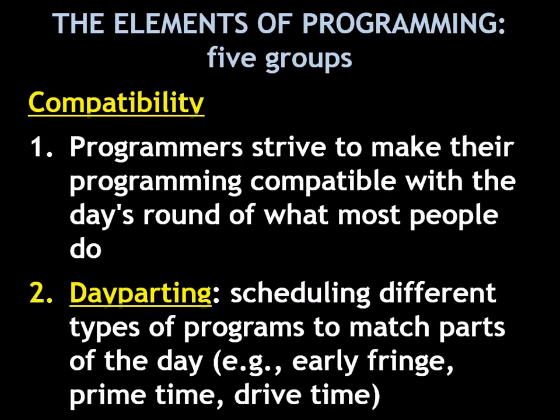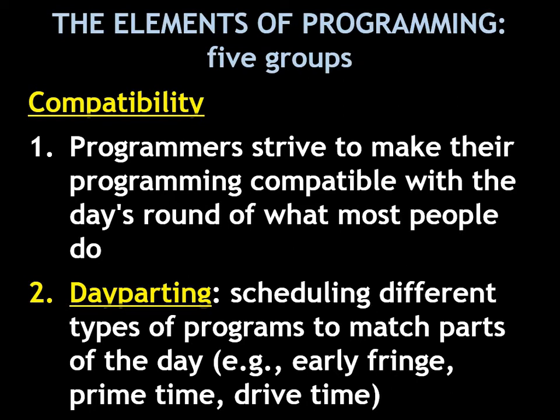So as we're going into the idea of programming and what makes up programming, what are the elements that are involved? There's 5 major groups that we're going to talk about here. The first major group is compatibility. Now, within compatibility, programmers strive to make their programming compatible with the day's round of what most people do.